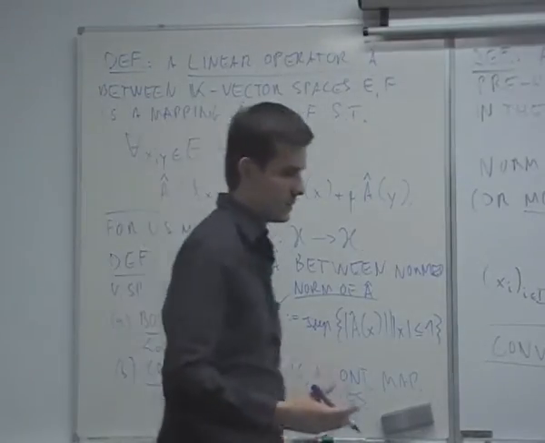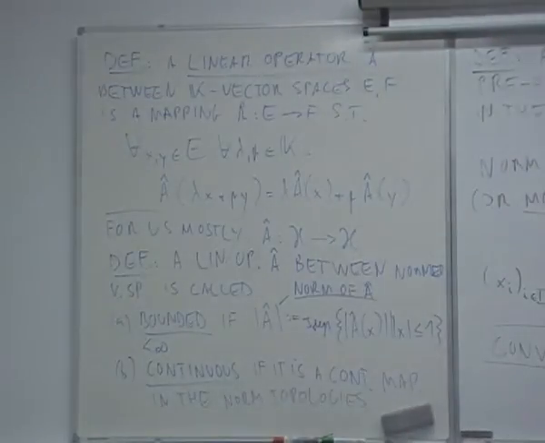Again, just to give an intuition, the norm topologies are those which have little balls. Well, I can define what a ball is once I have a norm because I can measure distances. So these little balls are basic open sets. Everything you get from unions of open balls is an open set in such a norm topology, and then you can of course talk about continuity with respect to this.